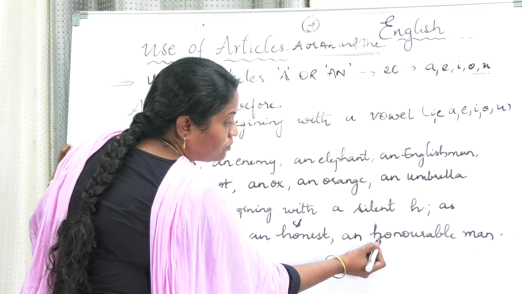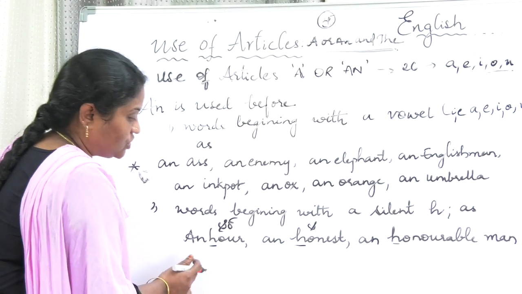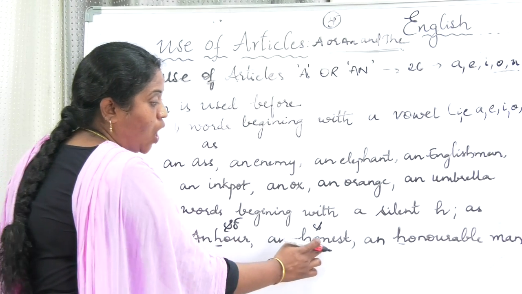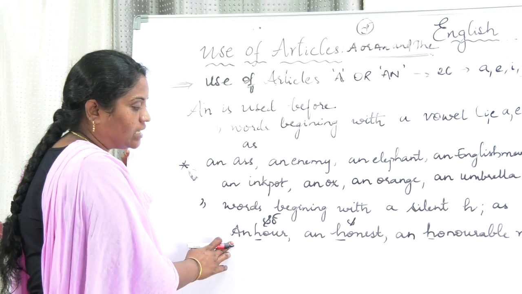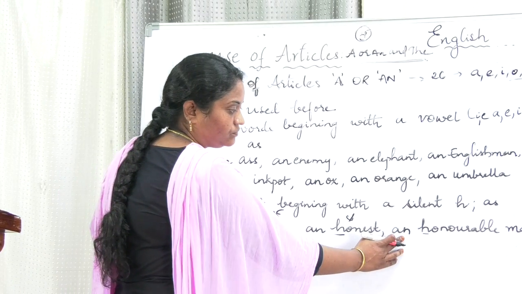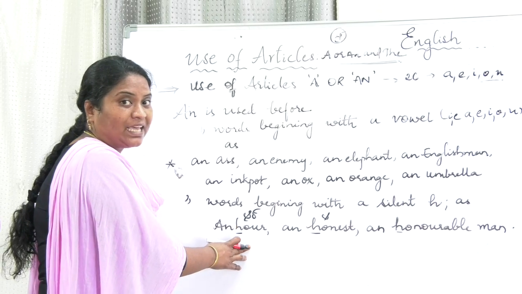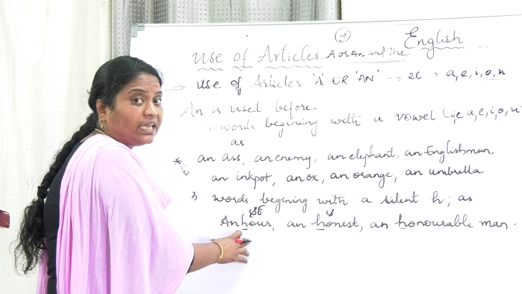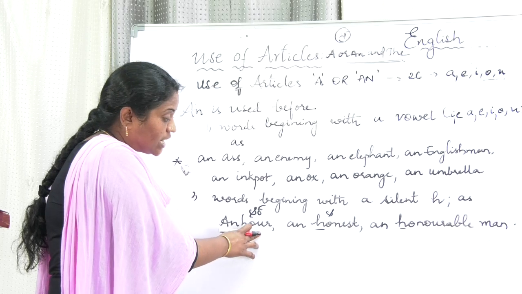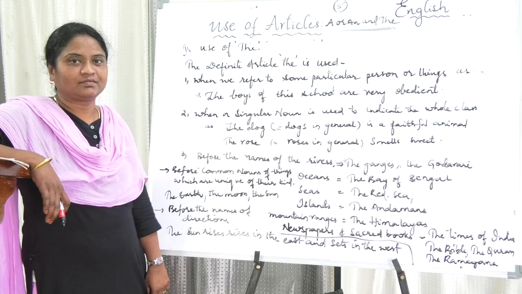H is silent here; we should not pronounce H. That's why we are using the article an here. Follow? Though the words begin with a consonant, the sound is a vowel sound. For such kinds of words, we have to use the article an.